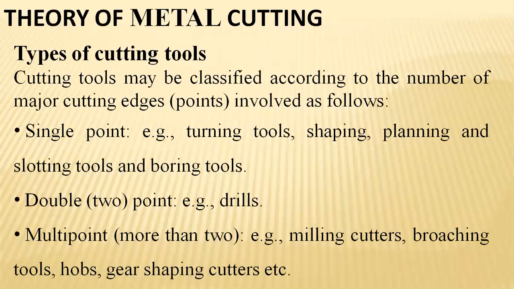Coming to the theory of metal cutting. These metal cuttings are classified according to the major cutting edges, which involves the following points. That is single point cutting, double point cutting, and multi-point cutting.